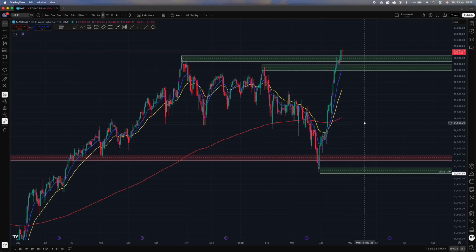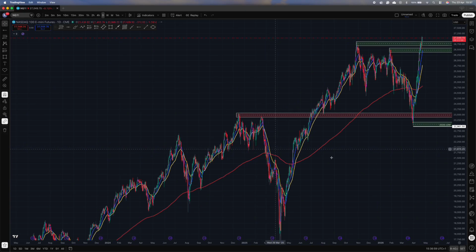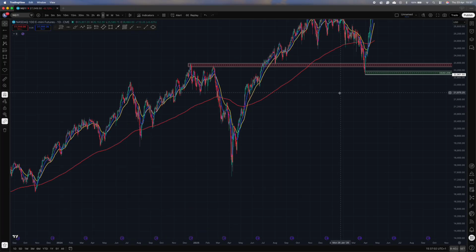The way I like to do this, if I'm intraday trading, I'm not going to be going back too far, because we might not hit those levels. For example, this level down here was the low of April 2025.